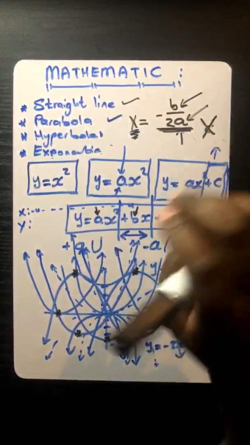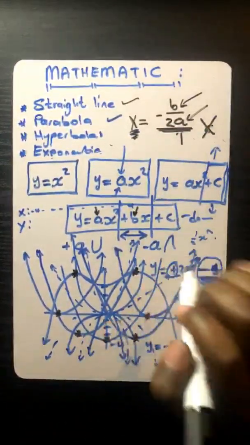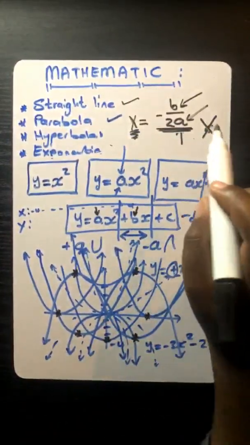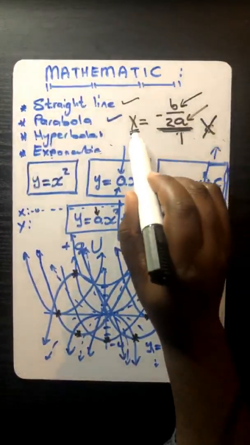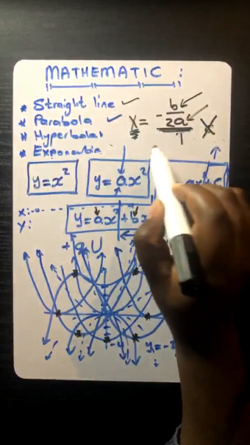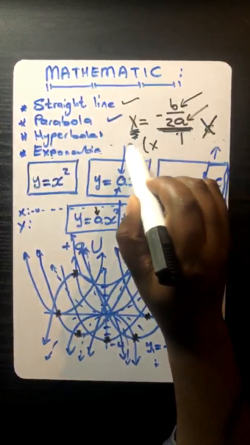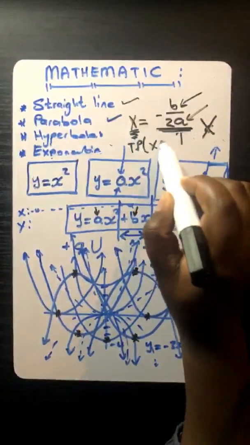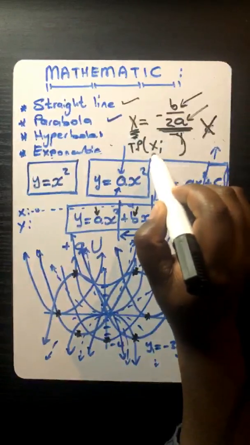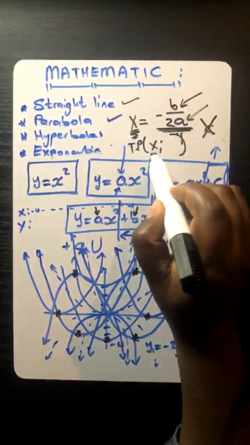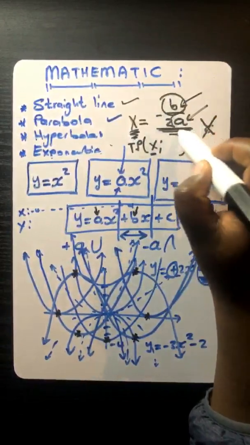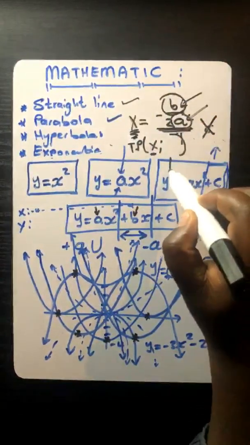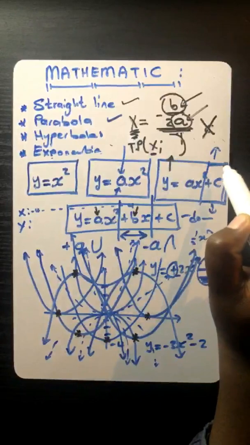So let me only correct that part and say everything that I've explained remains as it is. The reason is that when you use this formula to calculate the x value of the turning point, you will still use that same x value, where you substituted the b and the a value, to calculate the y value.